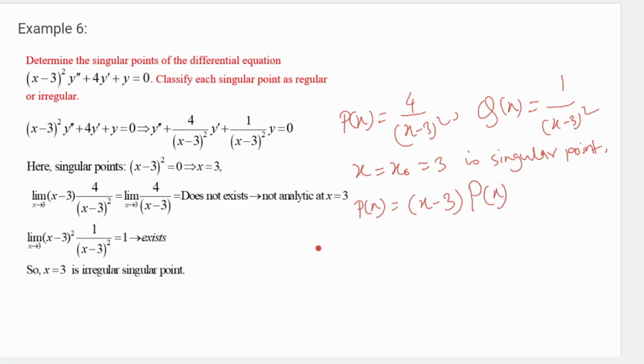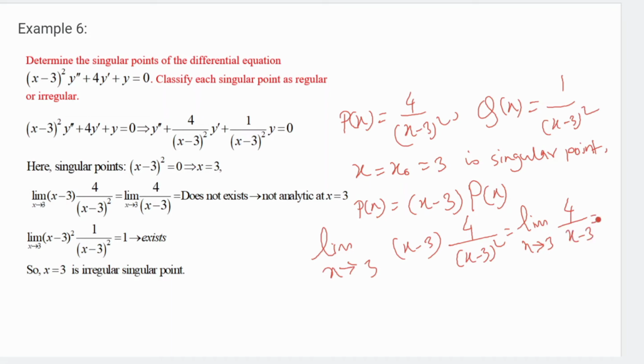Then we take the limit as x goes to 3. Here p of x is 4 by x minus 3 whole squared, so the limit is still undefined, it does not exist.